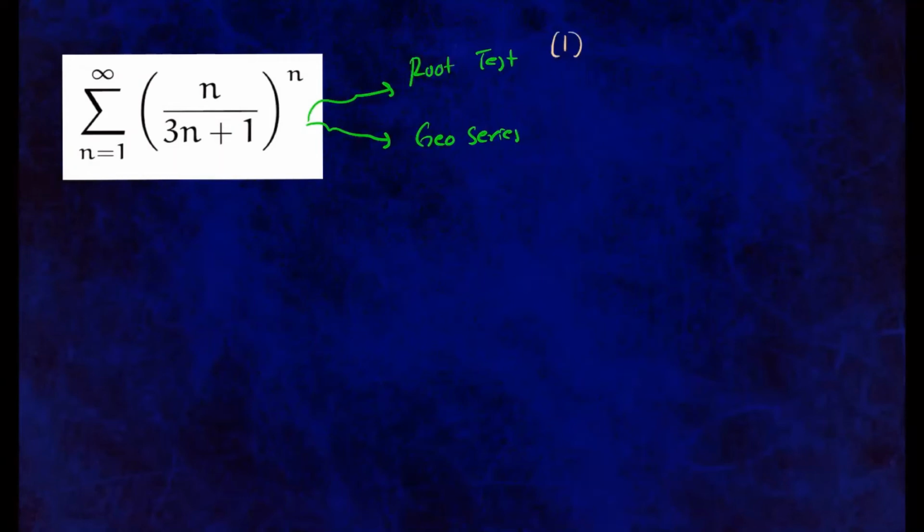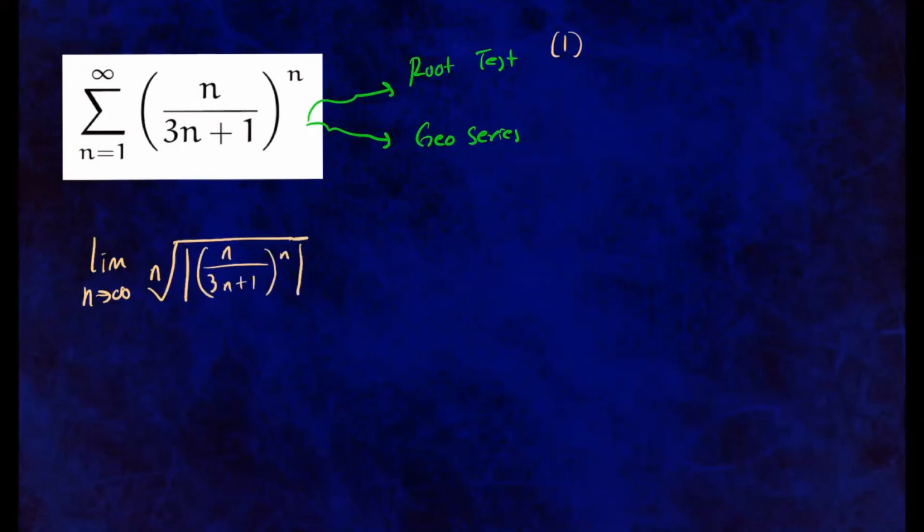So if I take the limit as n goes to infinity of the nth root of the absolute value of that formula, n over 3n plus 1 to the n power. Since we're taking the absolute value, all the terms inside are positive, so I can cancel out the nth root with the n power.